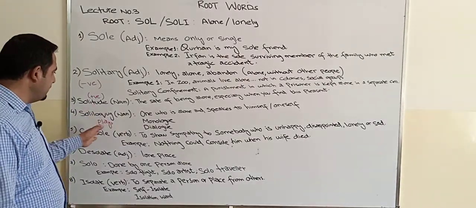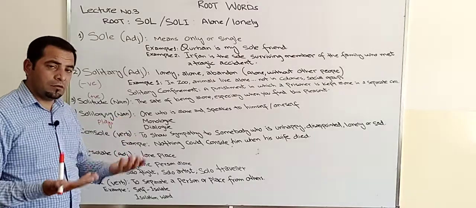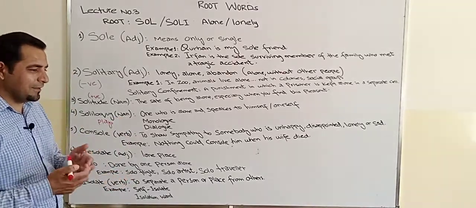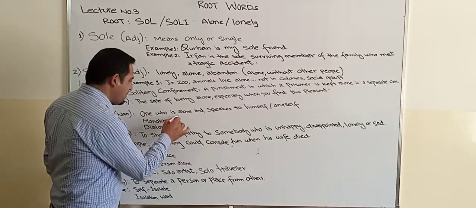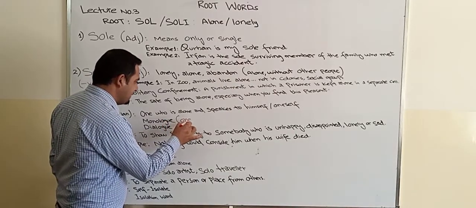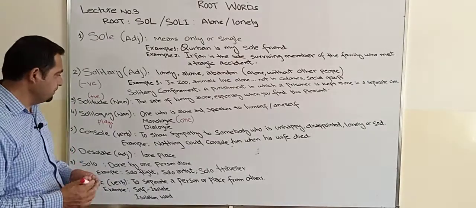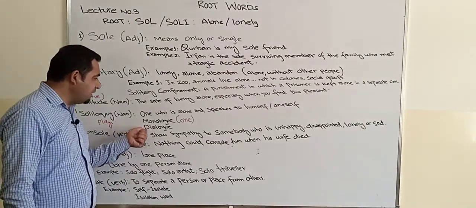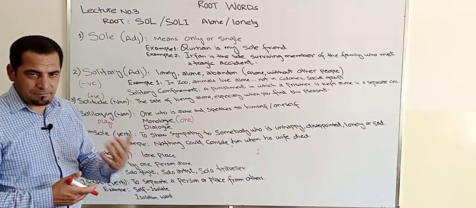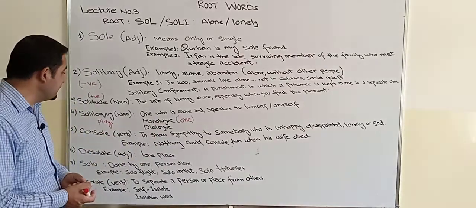And relatedly, you might have heard of monologue. So monologue is when one person speaks and the rest of them are silent or deliberately silent, right? Whereas dialogue is a conversation between two or more people.